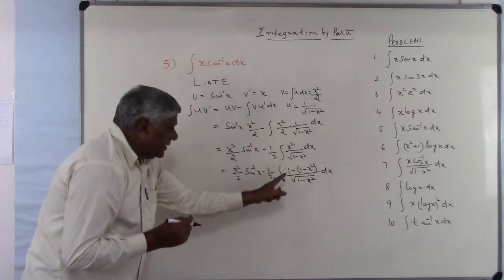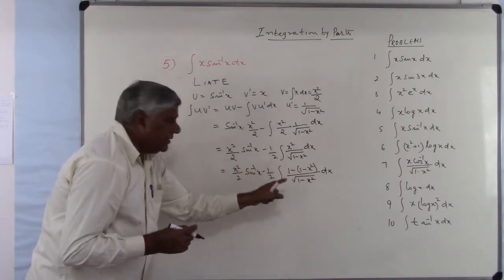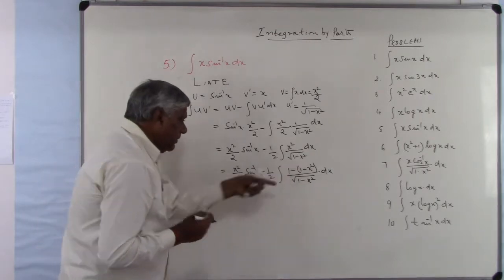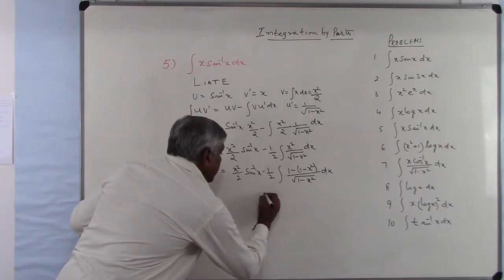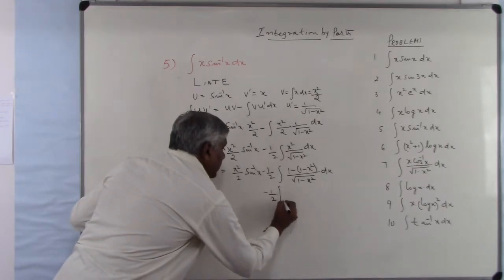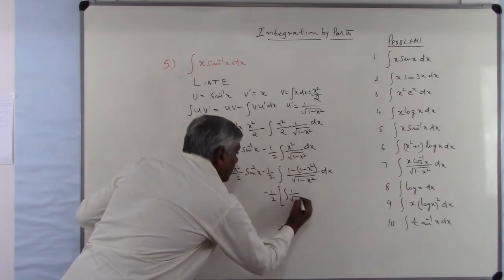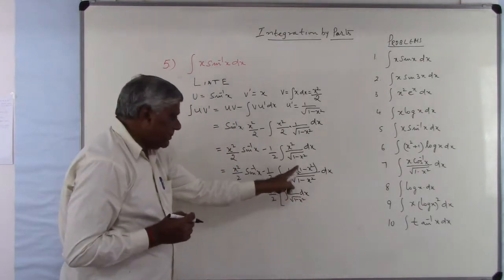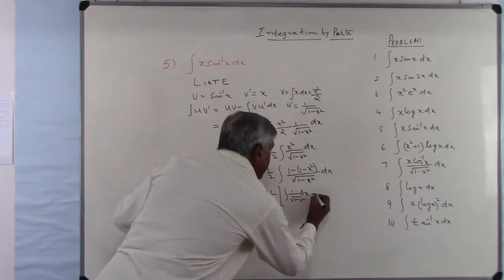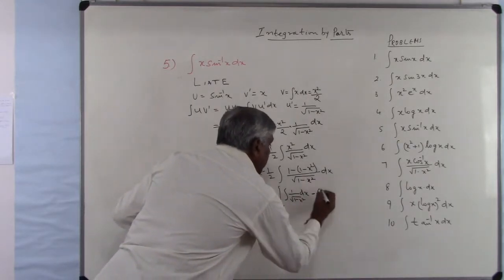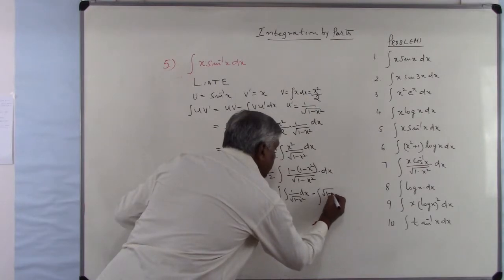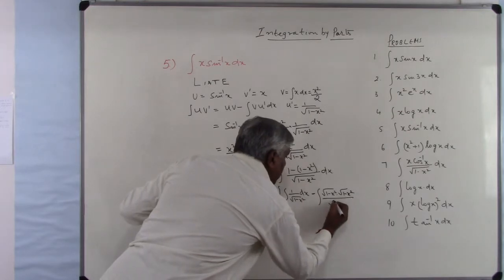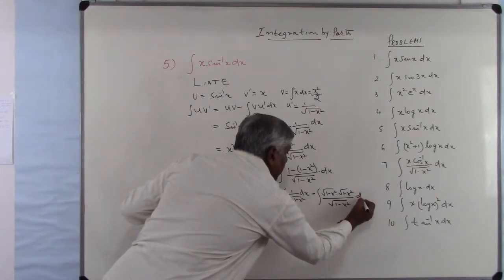You can see here 1 minus 1 cancels, minus into minus plus x square by root of 1 minus x square. Now I will do it like this: minus the integral of 1 over root of 1 minus x square dx, splitting it like this, minus the integral of 1 minus x square, which can be written as root of 1 minus x square into root of 1 minus x square divided by root of 1 minus x square dx.